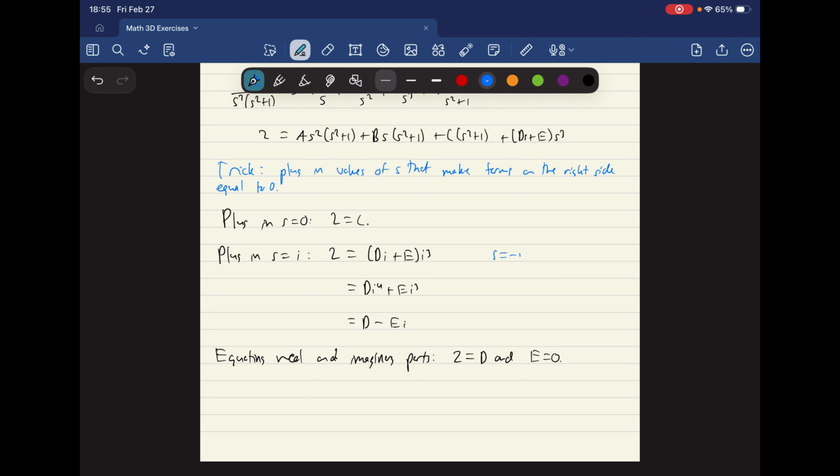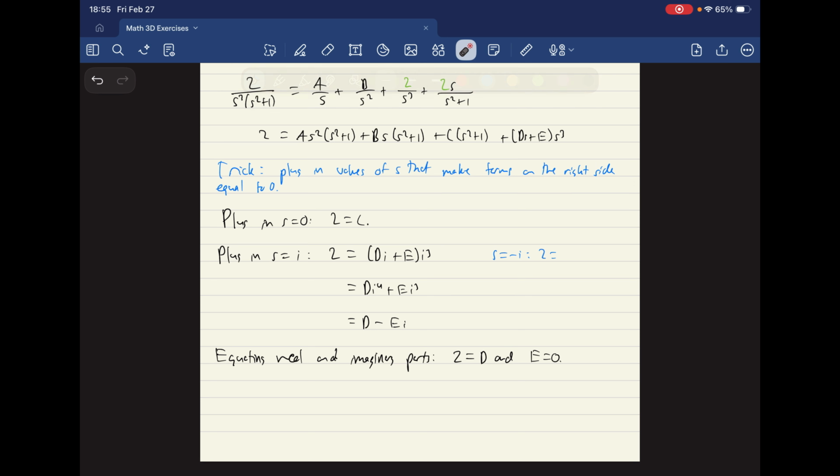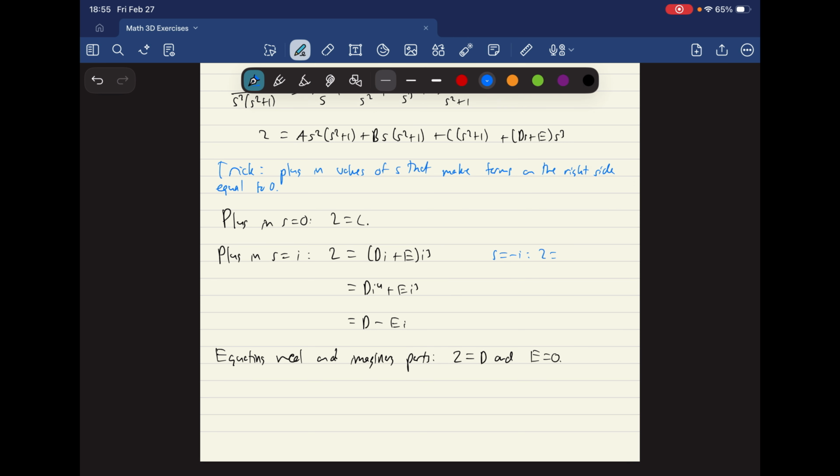So s equals negative i. We get 2 equals, well, again, all of these terms go to 0. And all we're left with is this last term here, which for negative i gives us negative di plus e times negative i cubed. And this will be d times negative i to the fourth plus e times negative i cubed.